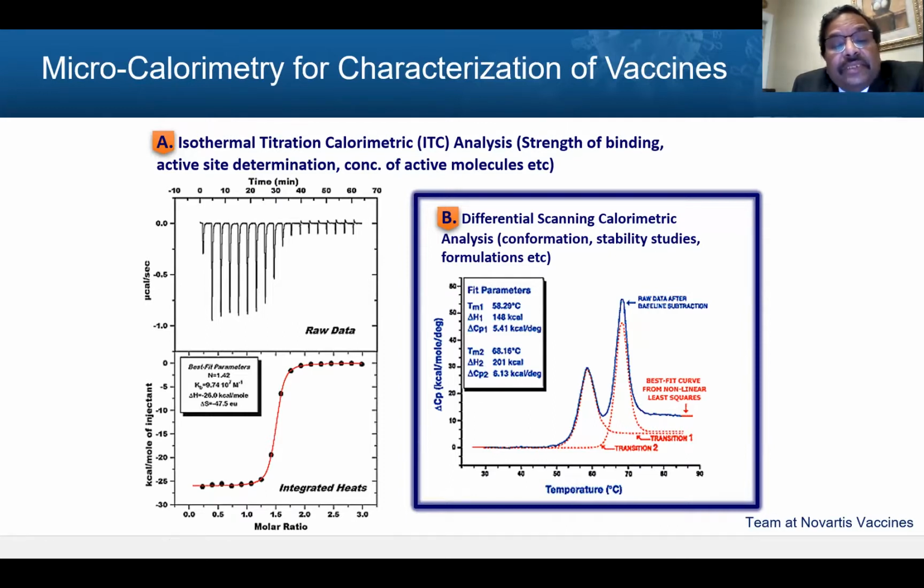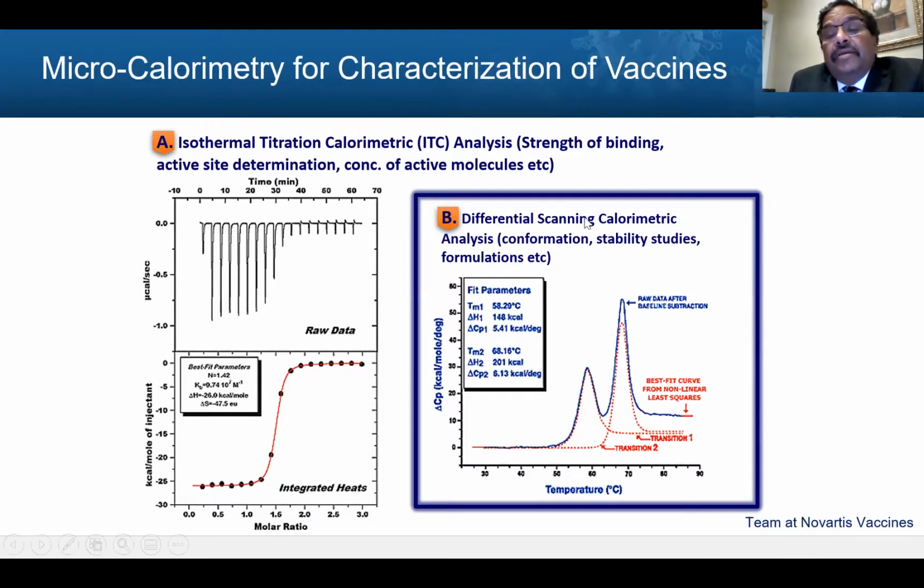Isothermal titration calorimetry is used if you want to look at the receptor-ligand interaction. For example, in HIV envelope, we have three putative CD4 binding sites. In case of COVID, we may also have three ACE2 receptor binding sites, and that can be used to demonstrate if all the three sites are open and accessible or not.